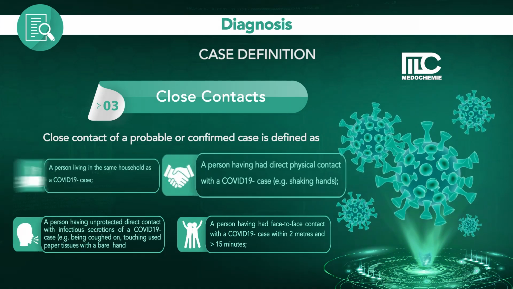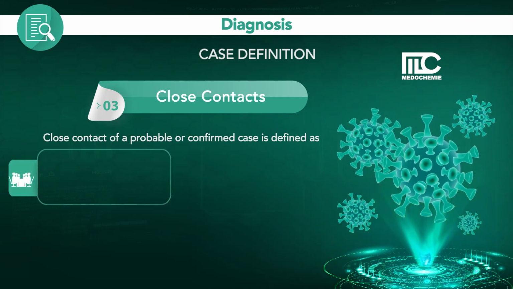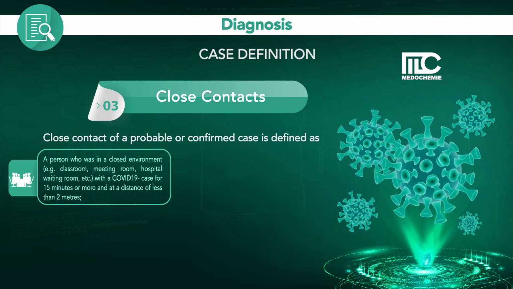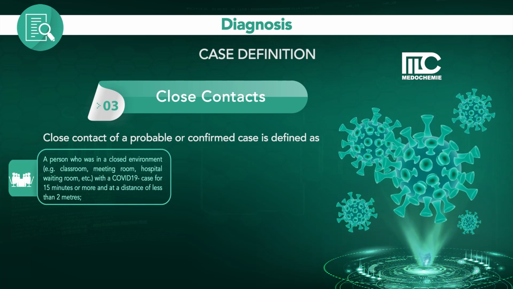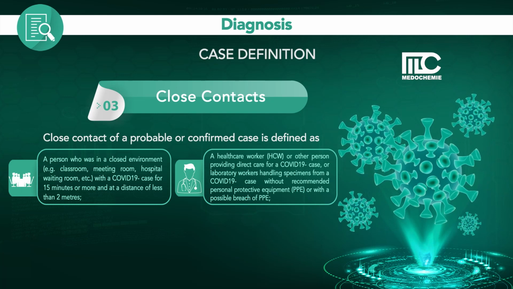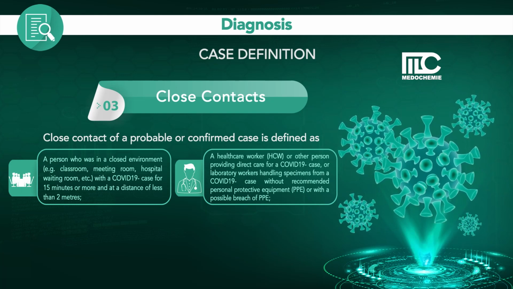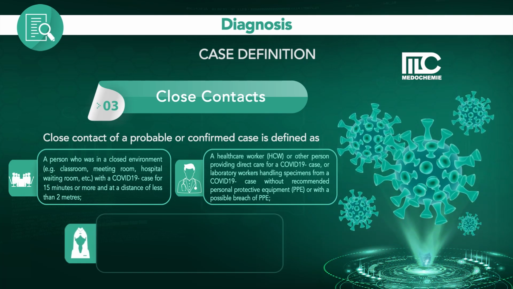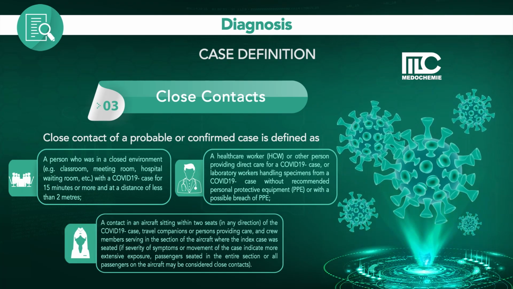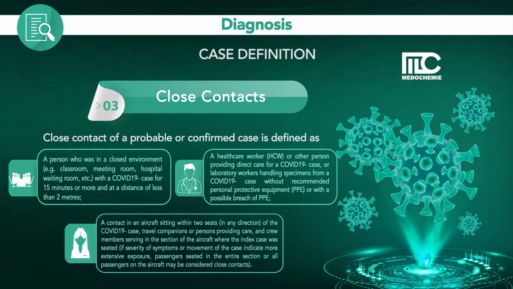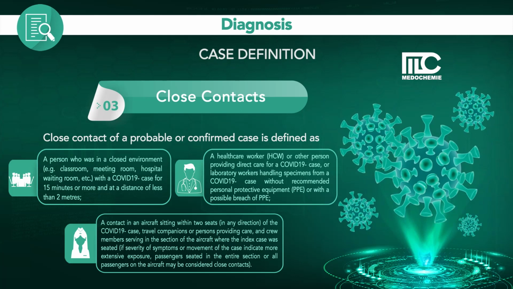Number four, a person who was in closed environment, the classroom, meeting room, hospital waiting room. 5, a health worker or other person providing direct care of the COVID-19 case. 6, a contact in the aircraft sitting within 2 seats, in any direction, of the COVID-19 case.